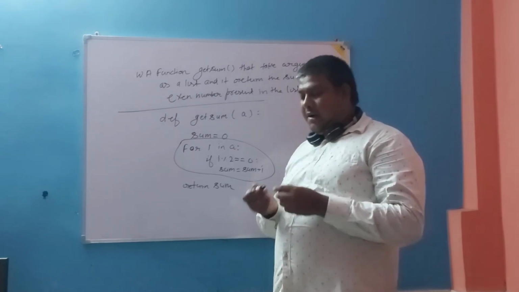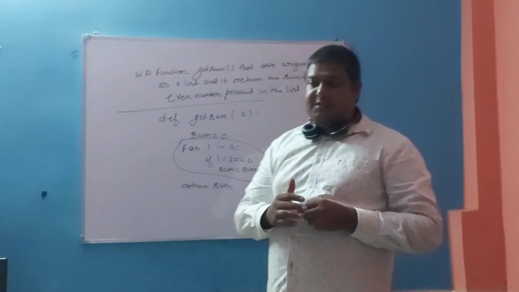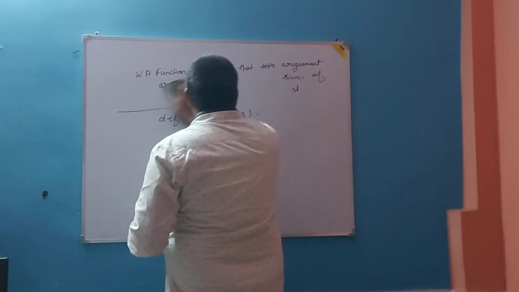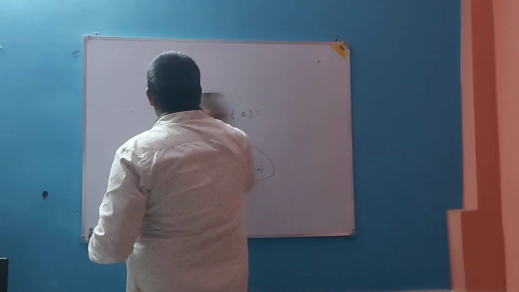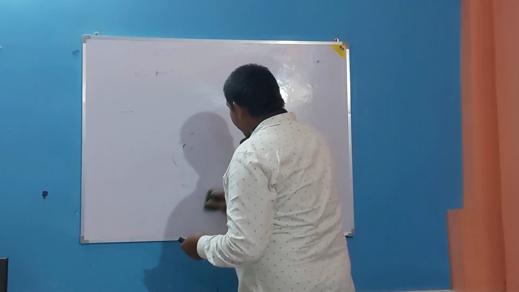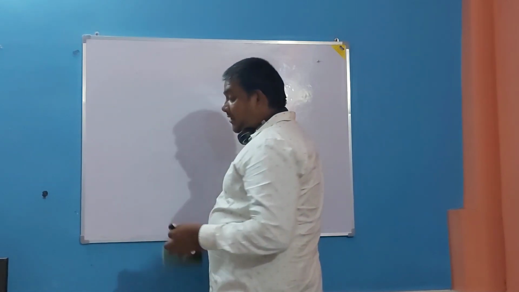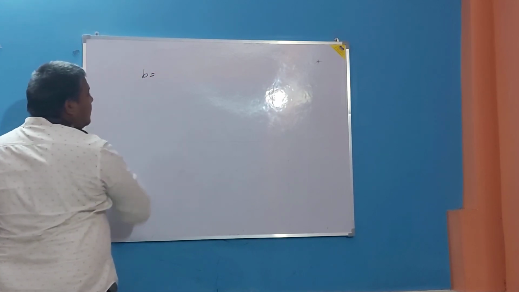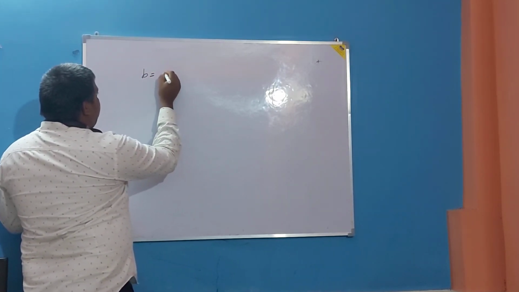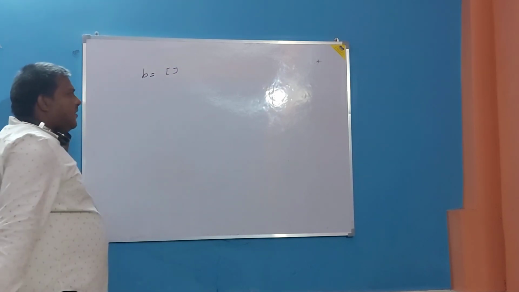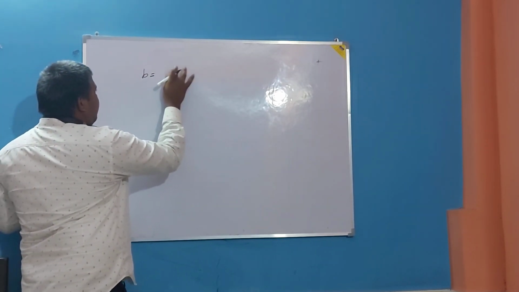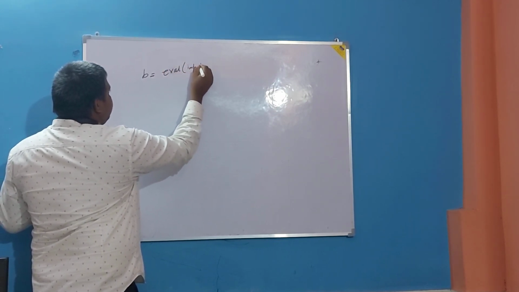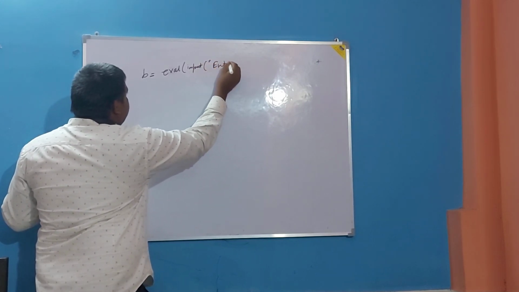Now see here, this is a function. Now how will I call this function and how will it work? Look here. This function I have declared. After this function, I have to write b is equal to eval, and in the bracket input, and we have to write here enter the list.